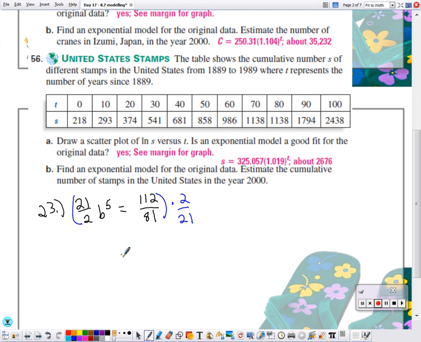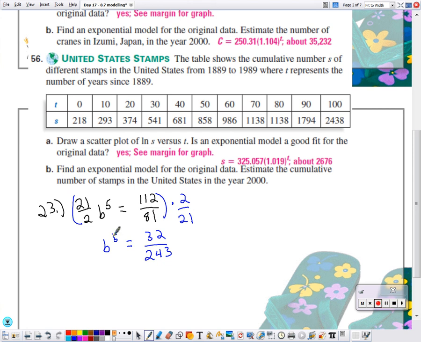And when I do that, I'm going to get b to the 5th equals 32 over 243. And honestly, guys, you just got to break down the 112 and stuff starts to cancel out.